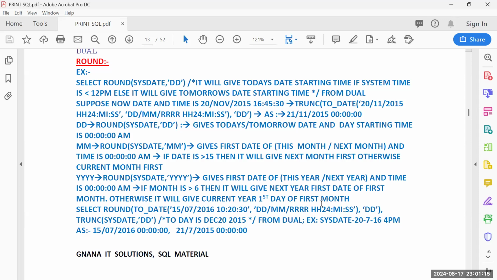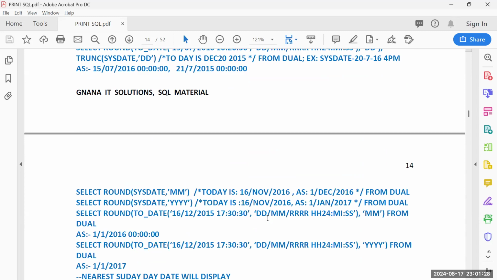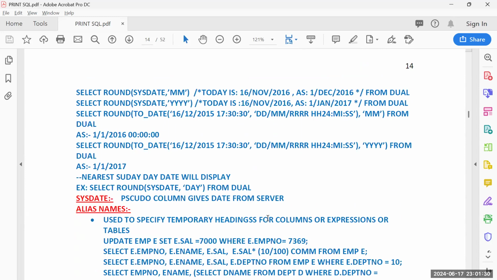For days it is 12 p.m., for months it is 15, and for years it is 365 by 2. Like that it will calculate, and whichever is nearest, that value it will take.